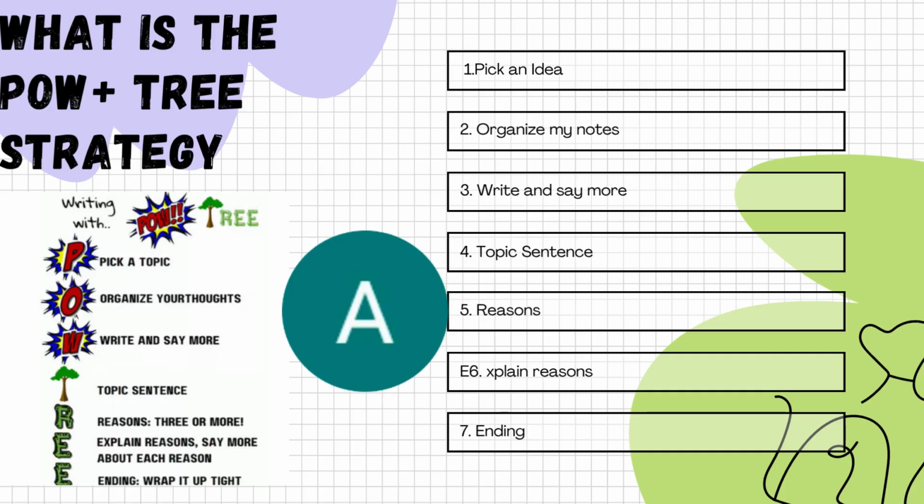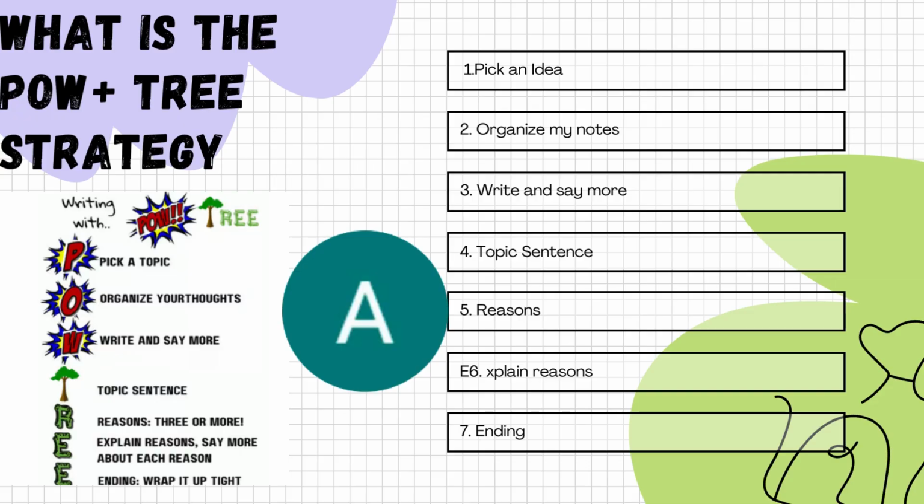So the step-by-step that you'll give students is first, pick my idea, so decide what you believe. Organize my notes. With that, you'll give them a blank graphic organizer with the POW plus TREE. You'll give them that acronym. Write and say more, which they'll be able to expand and revise and edit.